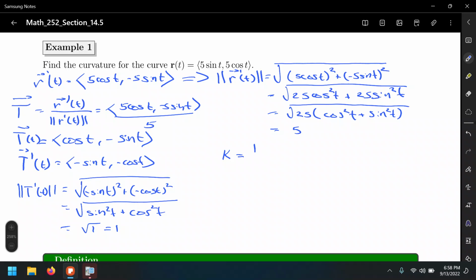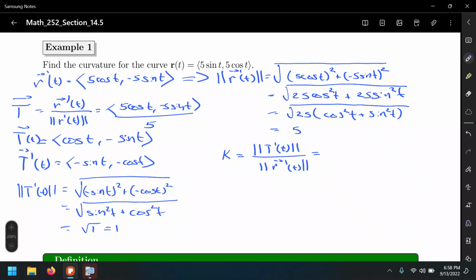So, well, that's the magnitude of the derivative of the tangential divided by the magnitude of the derivative of the vector valued function. And well, in this case we have very simple results.